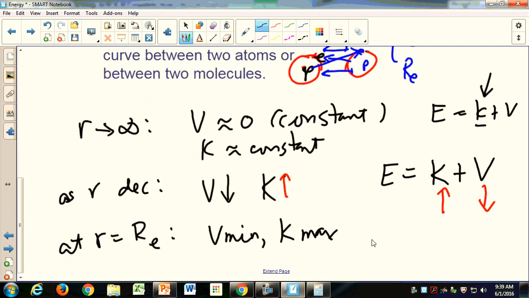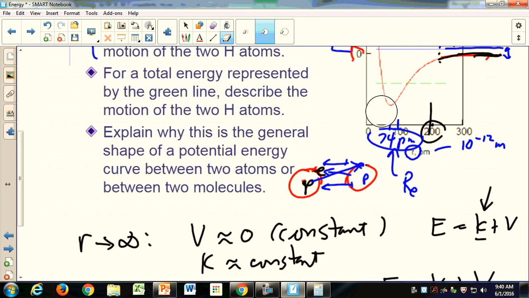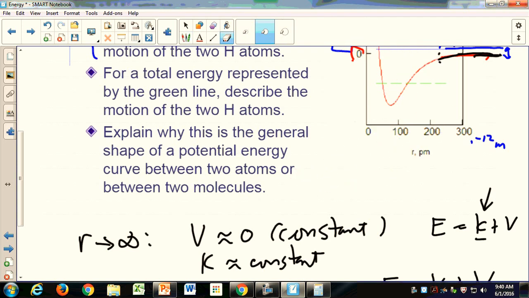Okay, so actually what happens there is you have a balance of attractive and repulsive forces, because what happens as they continue moving closer, once you get below 74 picometers? What happens once you're past the 74? Let's say you're over here at maybe 70. You pass the minimum in your potential.